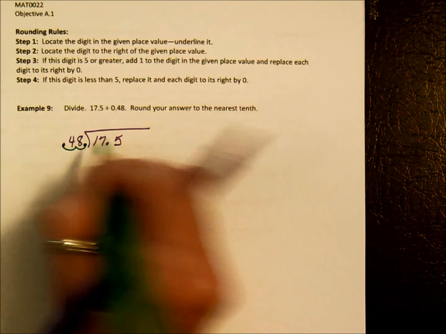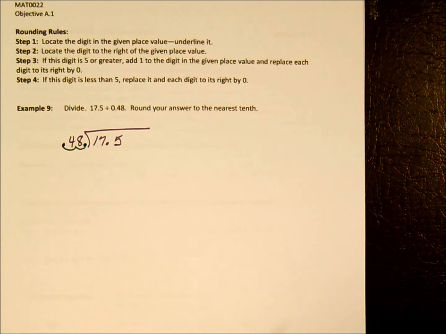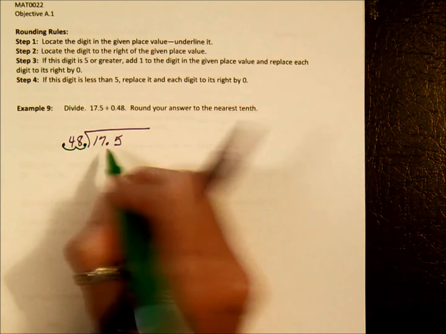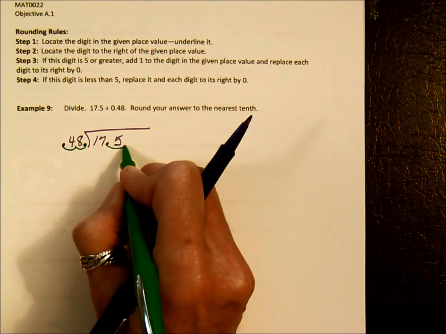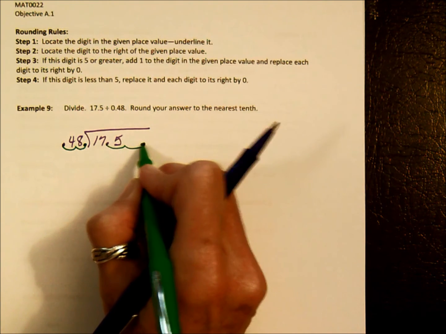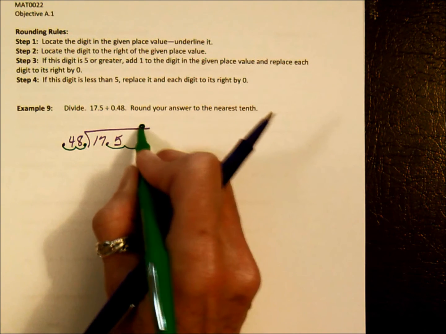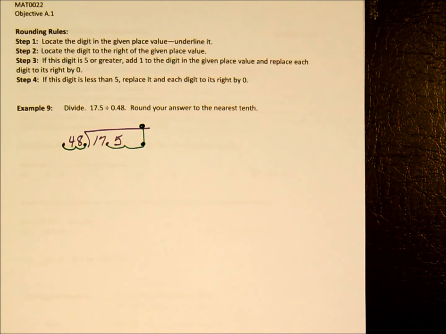So that required me to move it 2 places. In order to then divide and have it turn out the same, I have to also move this one the same number of places. So 1, 2, now bring it up, and you fill in the hole created with a 0. And now you just divide as you always divide.